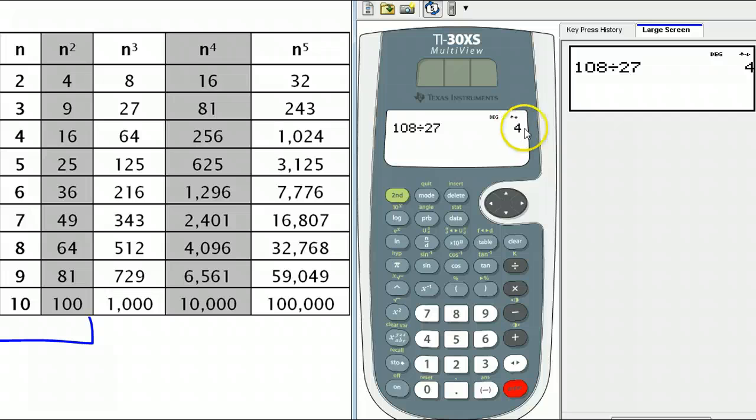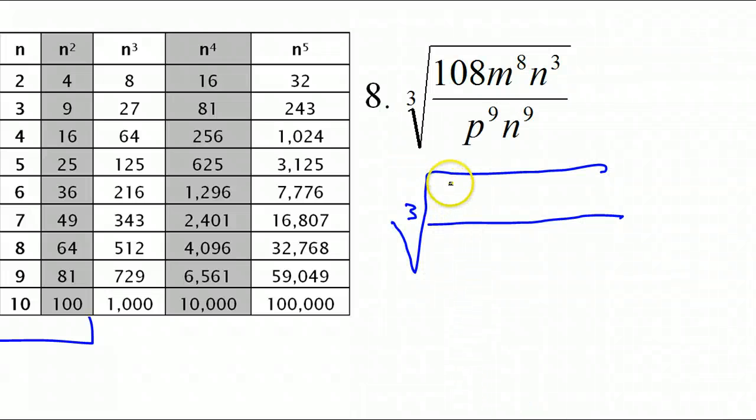Yes. So 27 times 4. I can separate and factor 108 as 27. I made it pink because it's on the list. Times 4. Even though 4 is a perfect square, it will not reduce because we're doing a cube root. Notice that 4 is not on the cube column, so leave it blue.